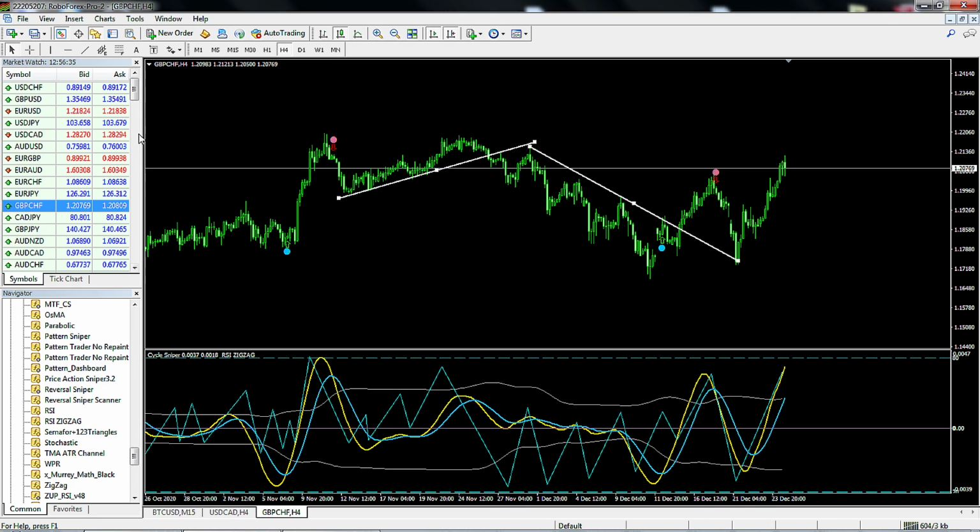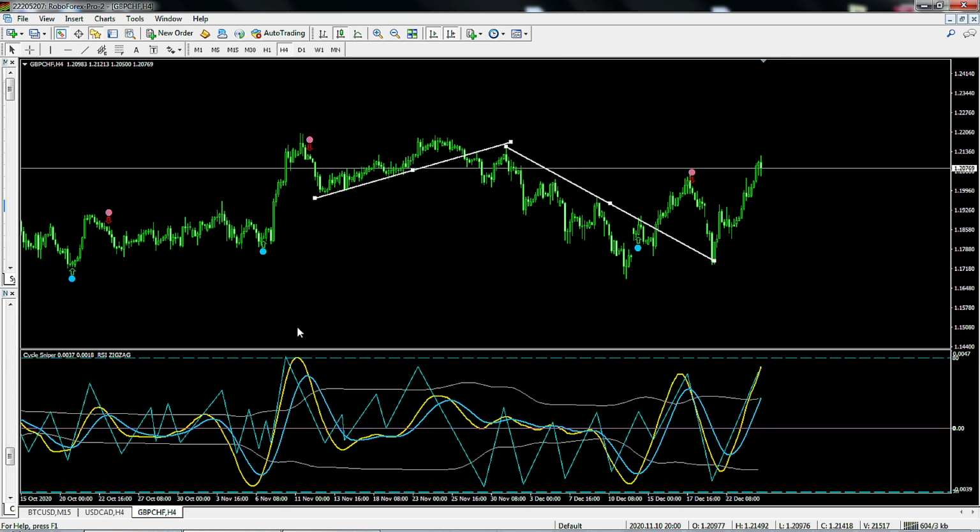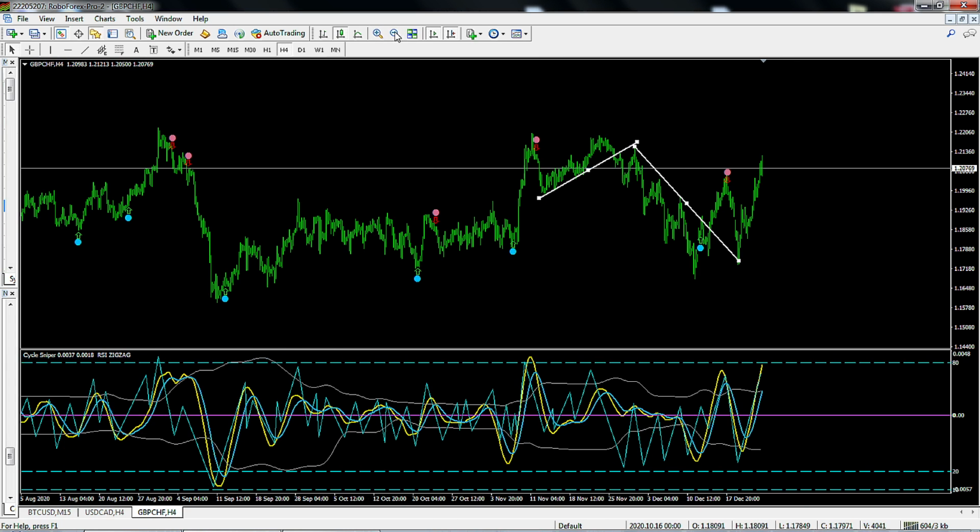Now what we have? As you see, when RSI ZigZag is above 80 or below 20, even better if it is above 85, so close to 90, it is extremely overbought and a reversal may come. This line is our Cycle Snipper deviation line.